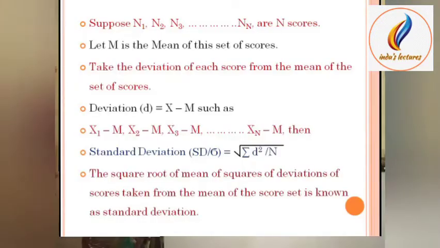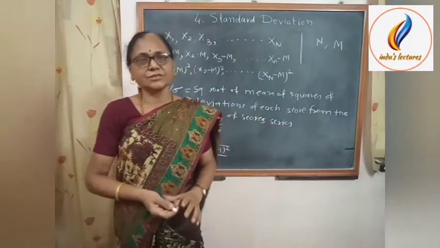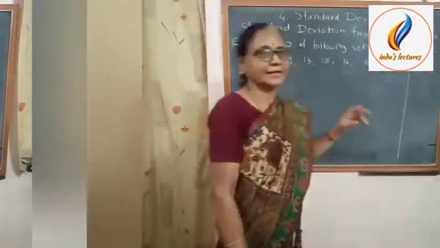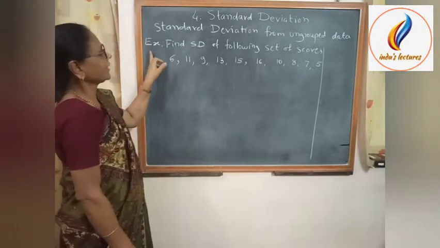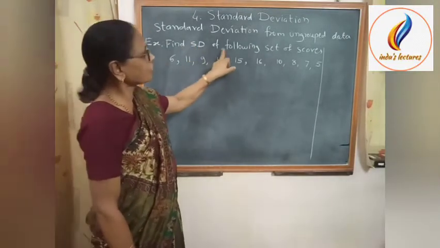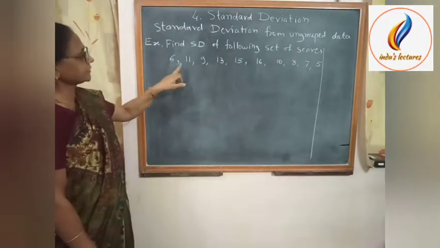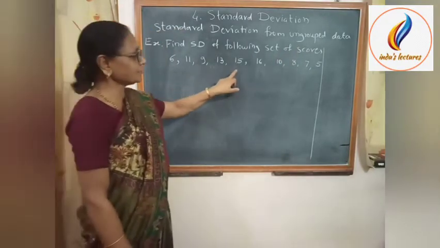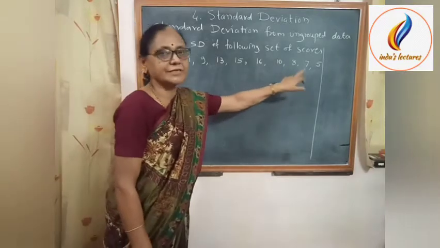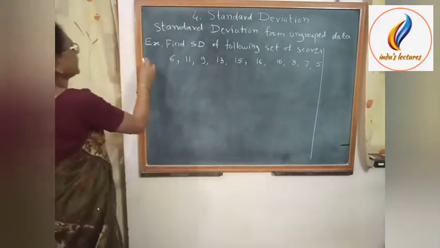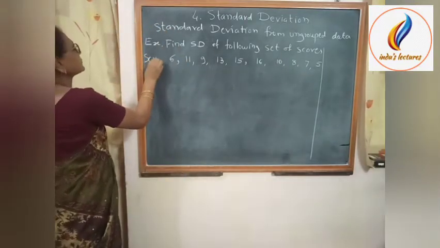Now we consider how to calculate standard deviation from ungrouped data. An example: find the standard deviation of the following set of scores. These scores x are 6, 11, 9, 13, 15, 16, 10, 8, 7 and 5.